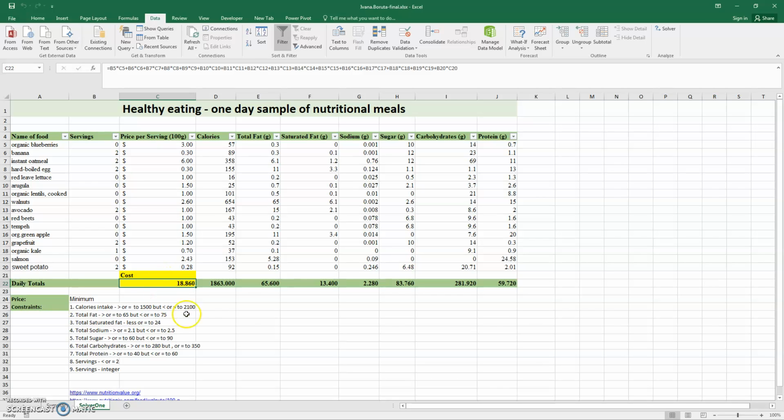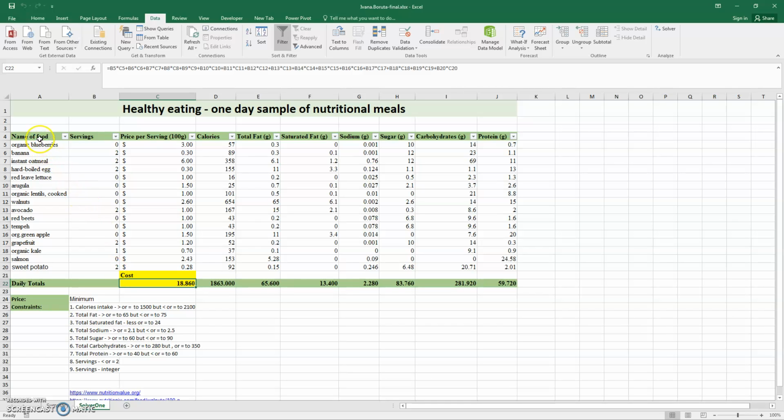It took me some time to decide what kind of data I wanted to work with, and I could not find the right data set, so I used ones that I individually picked, and I had to find them on a website which is listed here, nutritionvalue.org.